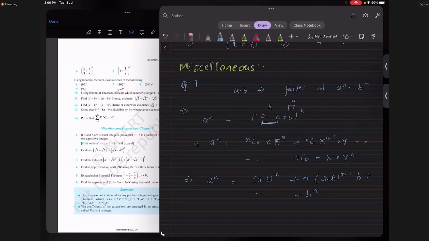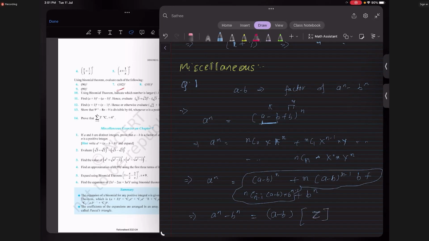If you take b to the power n to this side, then this would be like a to the power n minus b to the power n is equal to, and you can say like till this term nC(n minus 1), there will be (a minus b) into b to the power n minus 1. So in the remaining terms, from here to here, you can take a minus b as common, and the remaining would be like something called z.